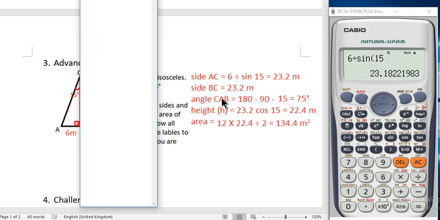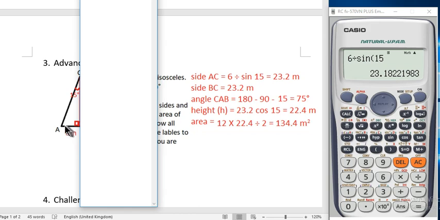You have 3 letters, C, A, and B, but it's the middle letter that you're trying to find. A is what we're trying to find.